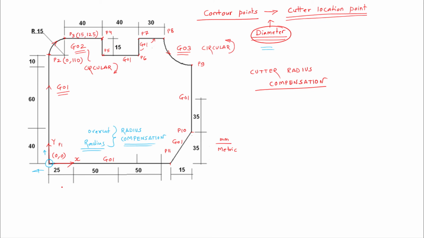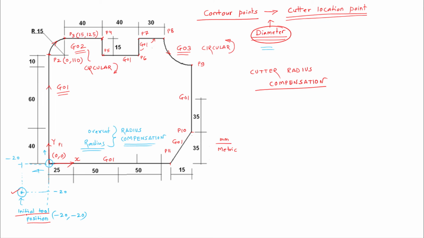We have to take the tool to a safer position. The safer position would be along the negative X direction by, say, 20 units and the negative Y direction by 20 units. The safe position would be here. So this is the initial tool position that we are considering: minus 20, minus 20.